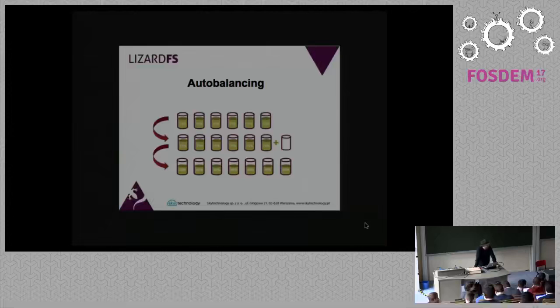For a given object, how do you figure out where it should be? That depends if it's replication or if it's erasure coding. If it's replication, I think it's round robin. No? How do you figure out where an object should land?